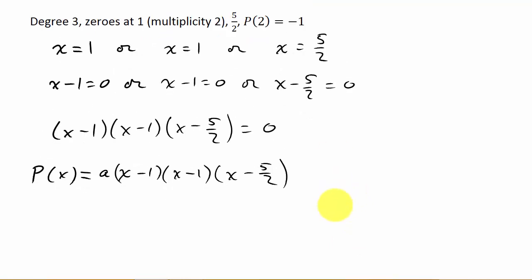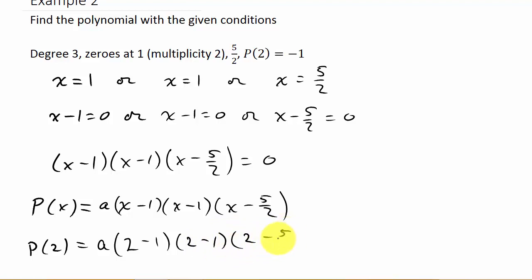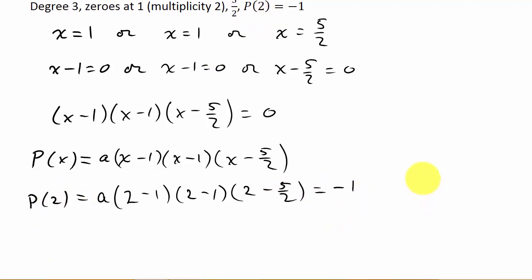Now let's evaluate the function at 2. So p of 2 is equal to a times, plugging the 2 in, 2 minus 1 times 2 minus 1 times 2 minus 5/2. And when I plug the 2 in, p of 2 should equal -1.